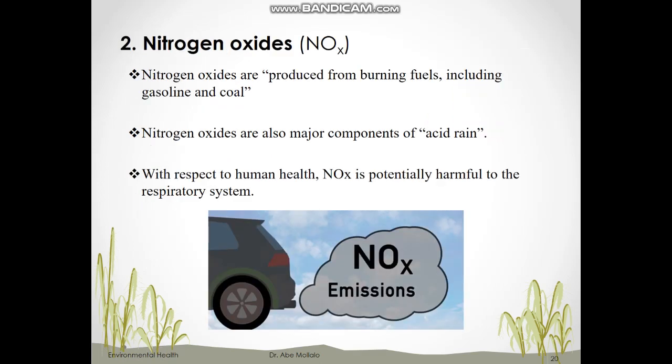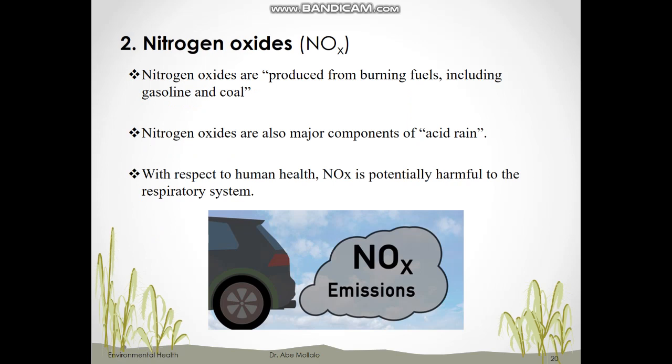The second criteria air pollutant is NO, nitrogen dioxide or nitrogen oxide. Nitrogen oxide and nitrogen dioxide is produced from burning fuels, including gasoline and coals. It also can be found in tobacco, in cigarettes. So NO is a major component of acid rain that we will talk about in the next few slides.